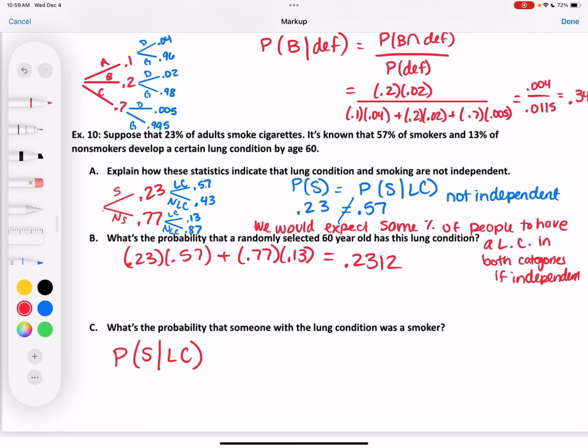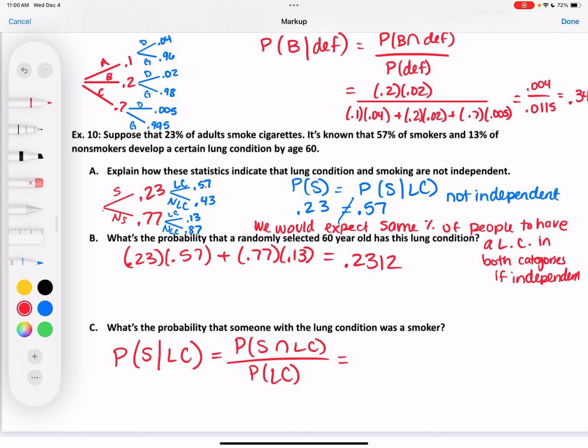So we're just going to also show that this number up here that we wrote down is actually from down here. So how would you get this mathematically? The probability of the intersection between smoker and lung condition over the probability of lung condition. Yep.